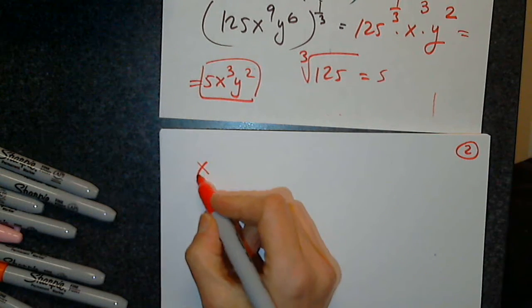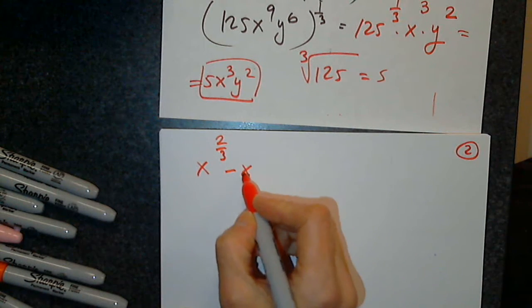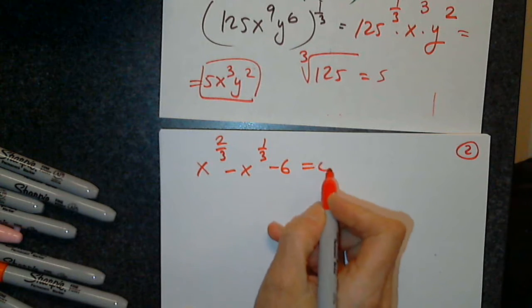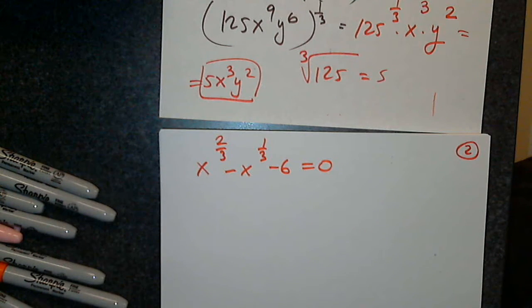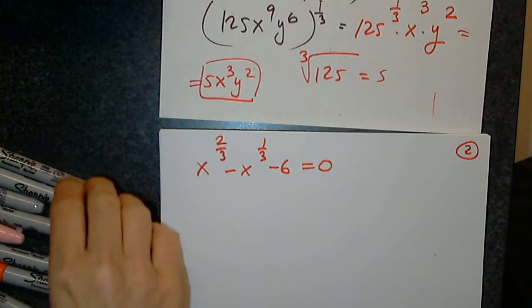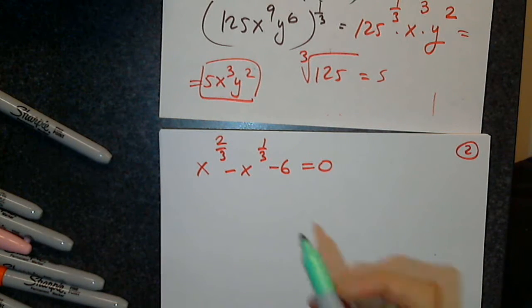Okay, x to 2/3 minus x to 1/3 minus 6 equals 0. What do you think about this? Yes, this is indeed quadratic in form.